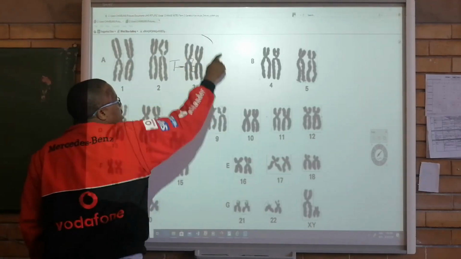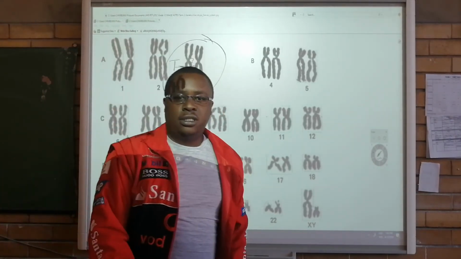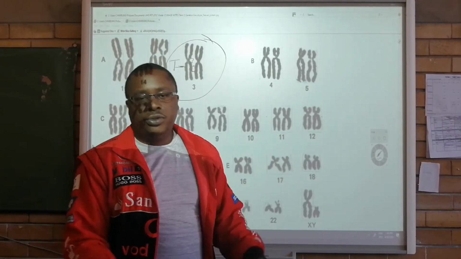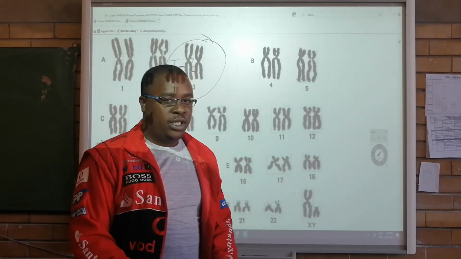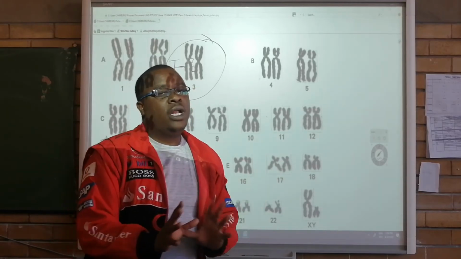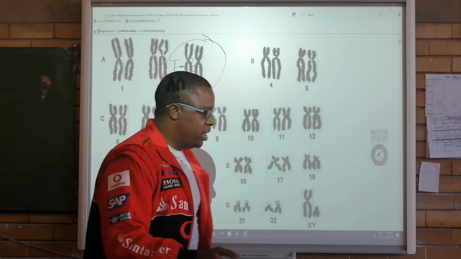Can we take only this and look at this pair during meiosis? Yes, we know that during meiosis you're going to have all the homologous chromosome pairs being split. But now we're only going to look at that one homologous chromosome pair to see what happens with it. Can you walk with me? Right.